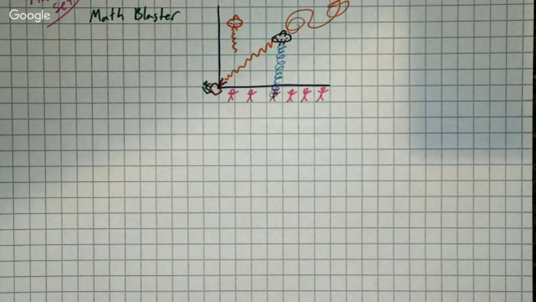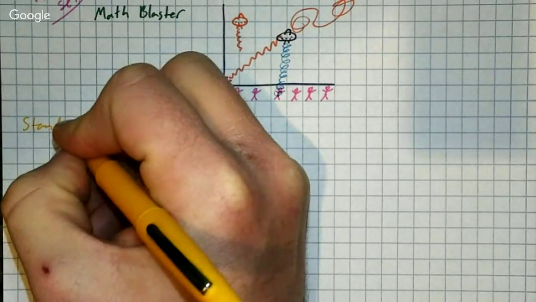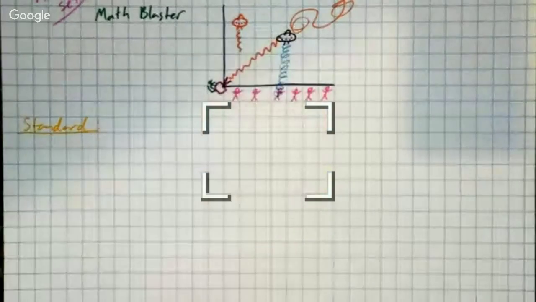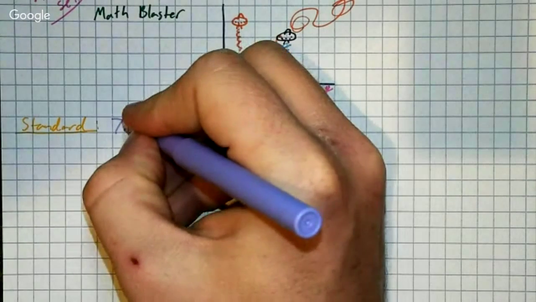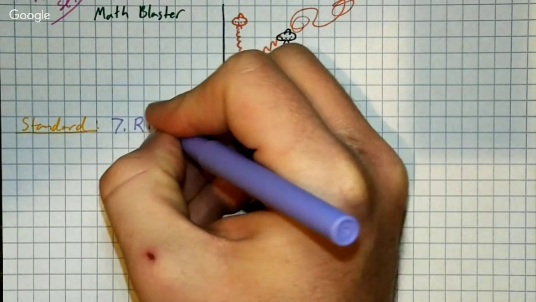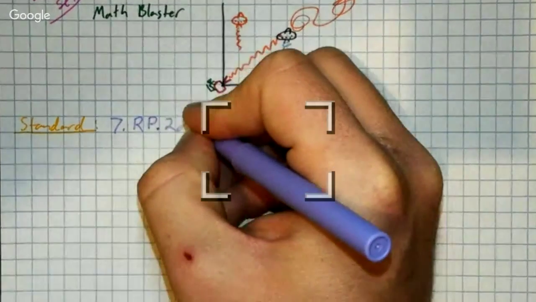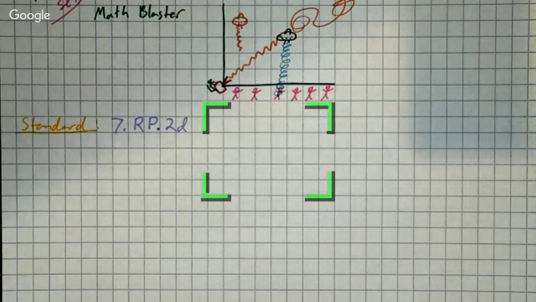So let's go ahead and write down our standard for today. Our standard is going to be 7.RP, ratios and proportions, 2d. So that is our standard for today.